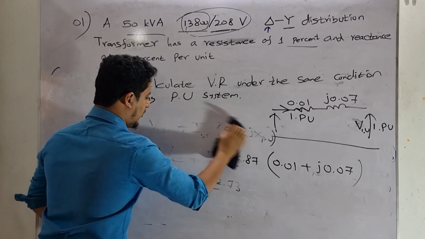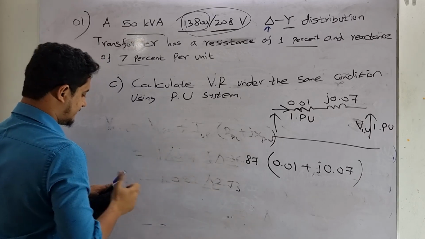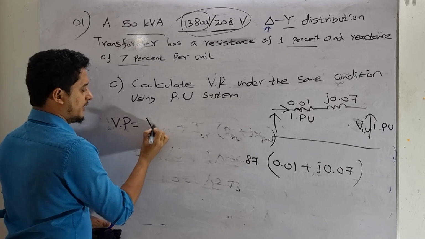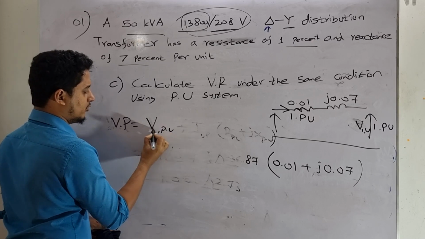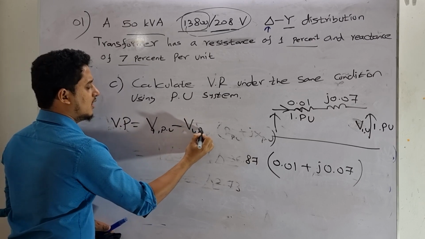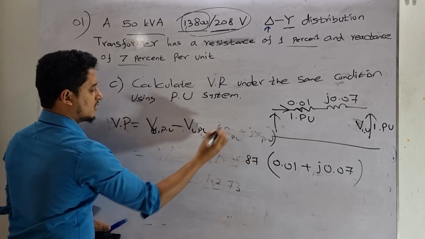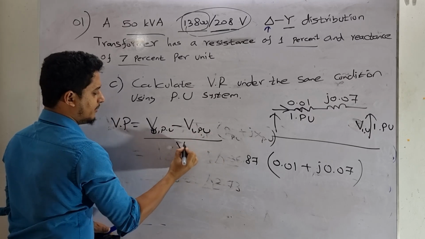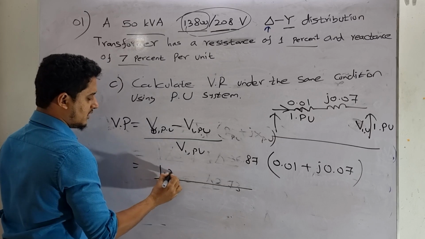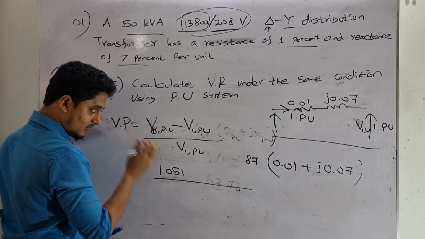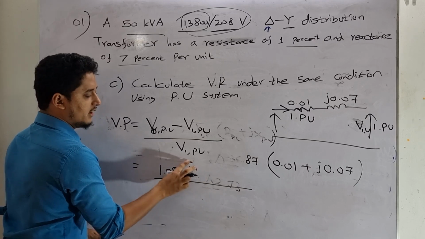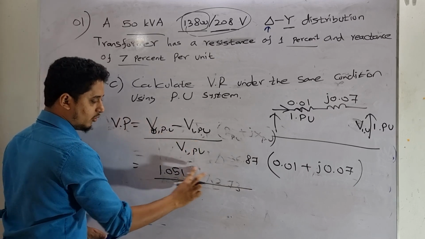So when you focus on the voltage regulation, it is equal to the per unit input voltage minus the per unit output voltage, divided by the per unit output voltage. So this is 1.051∠2.73. The angle is not important, so we use the magnitude value only.